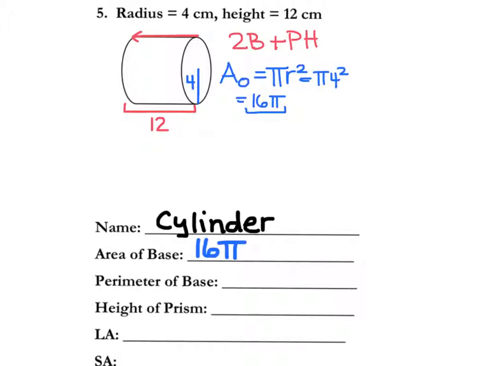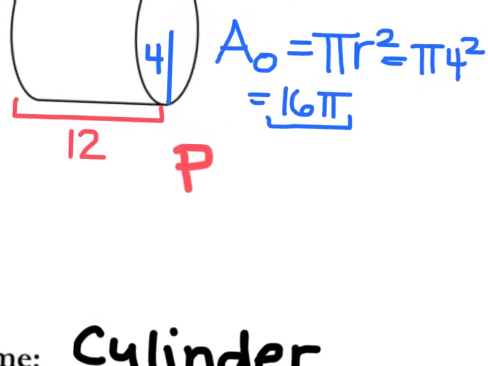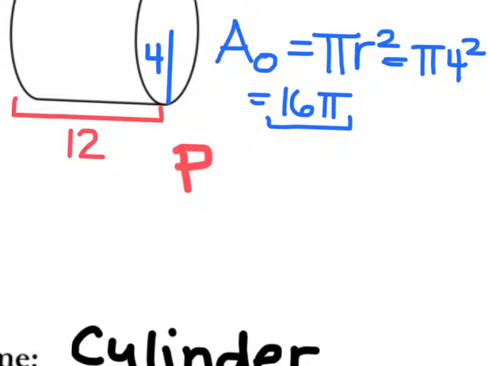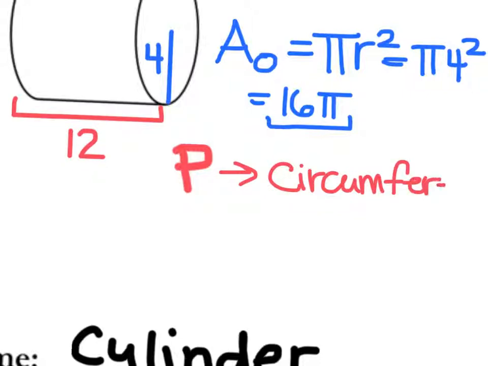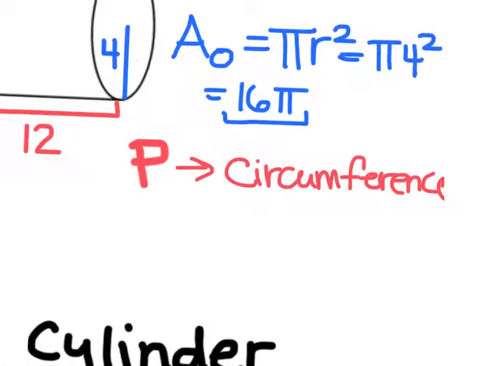Okay, perimeter of base. Now let's talk about the perimeter of a circle. We call the perimeter of a circle the circumference. Okay, so we know that formula too from Unit 11. And that is C equals 2 pi r.